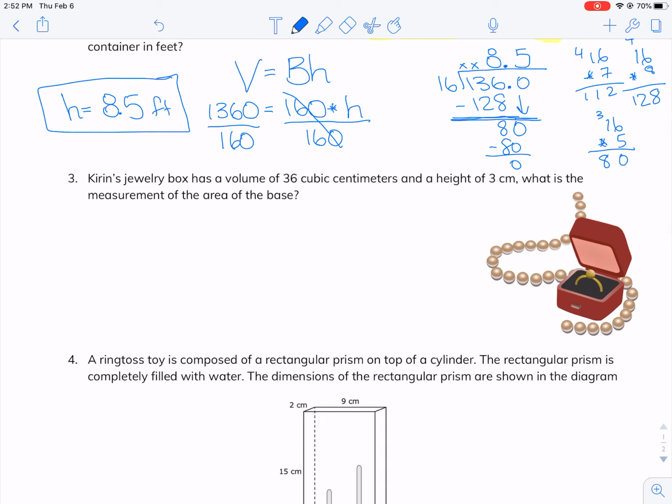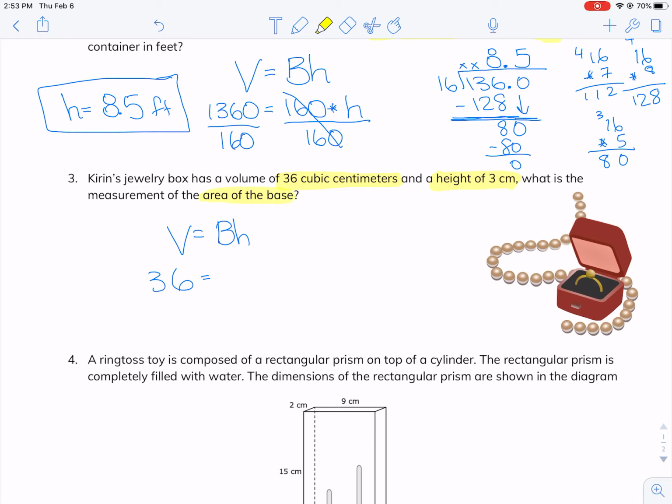Number 3. Kieran's jewelry box has a volume of 36 cubic centimeters and a height of 3 centimeters. What is the measurement of the area of the base? So now we have, again, a rectangular prism where it's V equals big B times H. We know that the volume is 36, and the base area is not given, but we're looking for it this time.